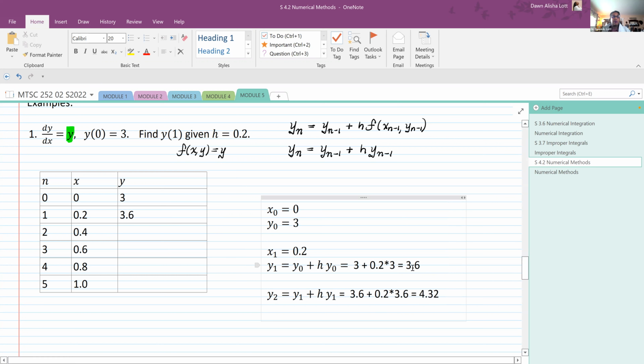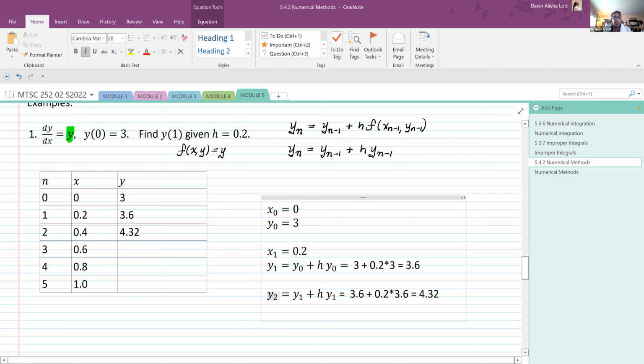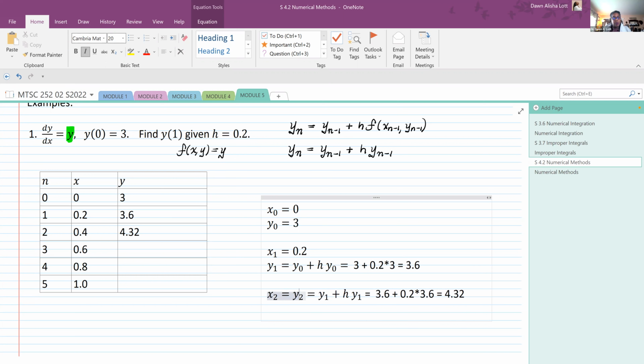And that comes out to be 4.32. Okay. Oh, I forgot to put in x2. X2 is equal to 0.4.